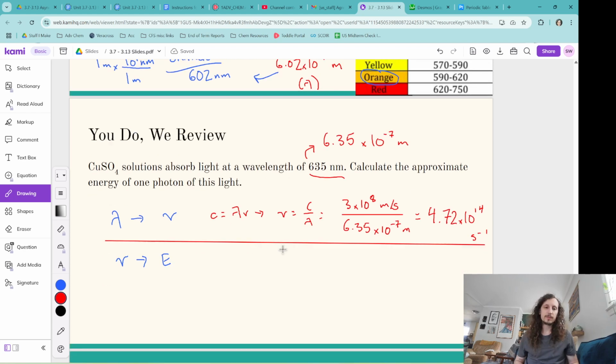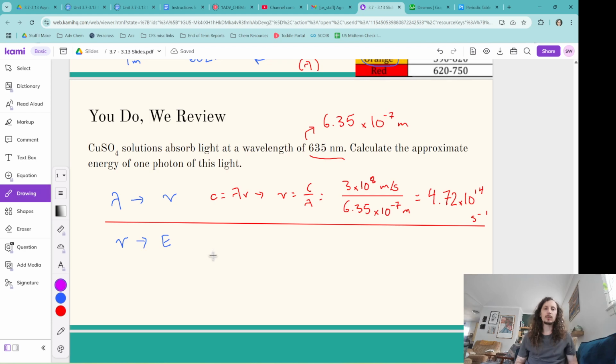Our frequency value. So for this guy, we are using the equation E equals h nu. We've just solved for nu. So I'm putting in Planck's constant for h, joule seconds, and then I'm multiplying that by 4.72 times 10 to the 14th per second. And that'll give me an answer in joules.